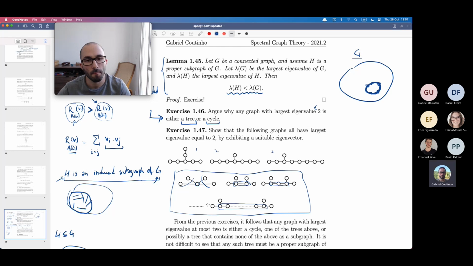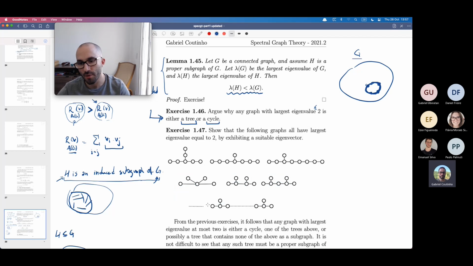All right? So here in this drawing, there are infinitely many graphs. 3 of them are sporadic, and the others form an infinite family. And I want you to show that all of them have 2 as the largest eigenvalue.